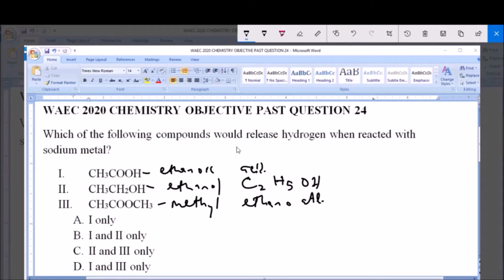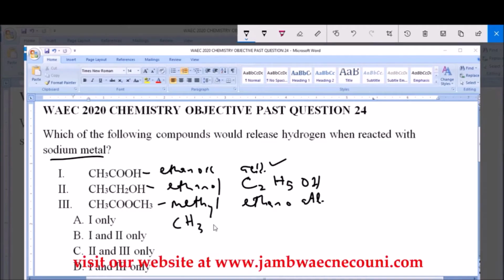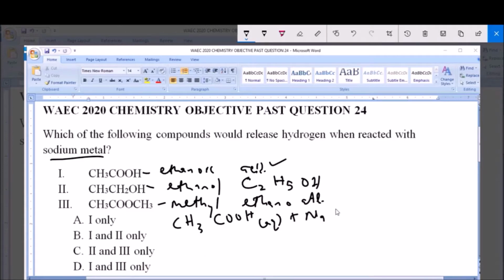So let's look at how each of them reacts with sodium metal. Now, number 1, ethanoic acid does react with sodium metal, and when it reacts with sodium metal, it gives an ethanoic salt and hydrogen gas.